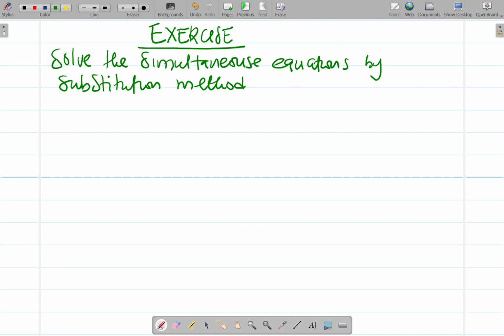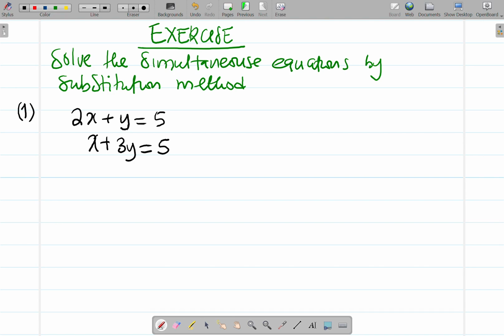All right, so the equations are, number one, I want you to solve this equation there. 2x plus y is equal to 5, and x plus 3y is equal to 5.